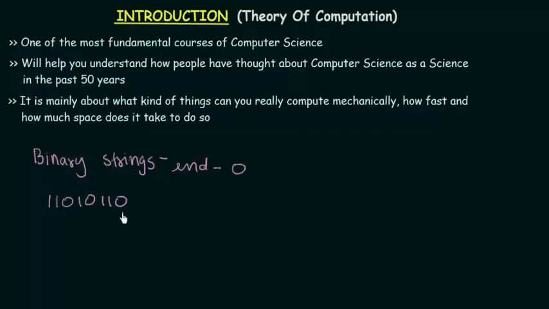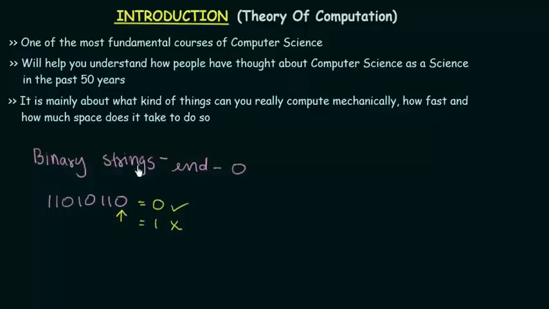A machine would scan the last digit, and if it finds that it is equal to 0, it says yes, it is accepted. Or if it finds that it is equal to 1, it says no and it rejects it. Why? Because our machine is supposed to accept all binary strings that end in 0. Okay, so that was fairly a very simple example.